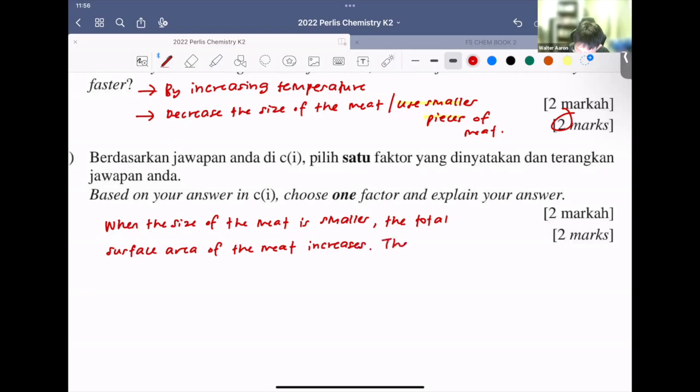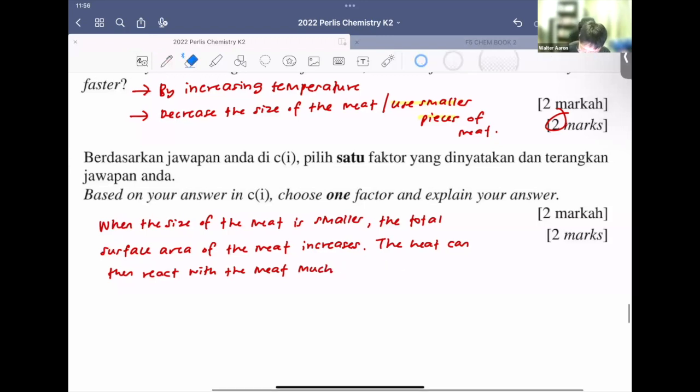Then you say that the heat can then react with the meat much faster, okay?